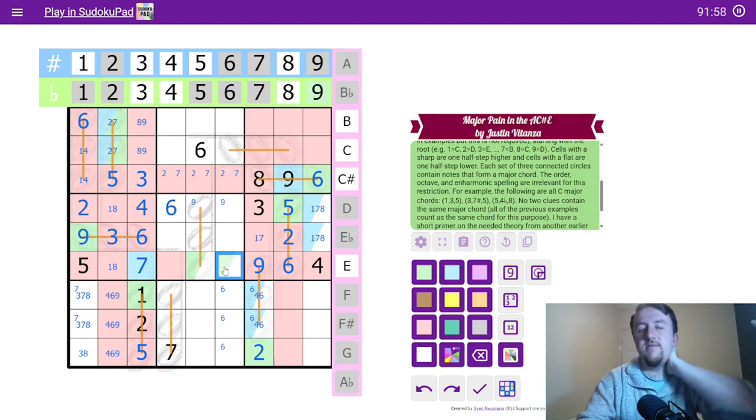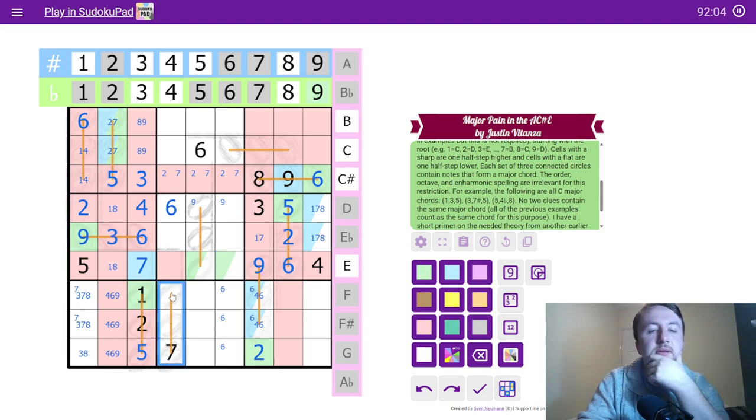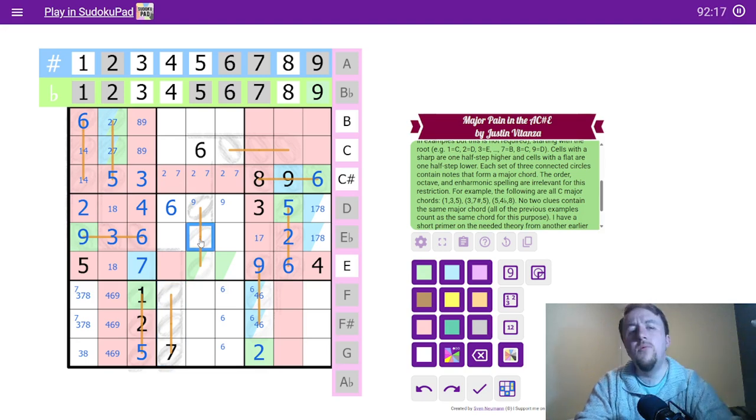And if this is a flat, that's at least a tiny bit interesting because then this would be 3, 4, 7. Oh, they both just work so well. With the sharp 4.